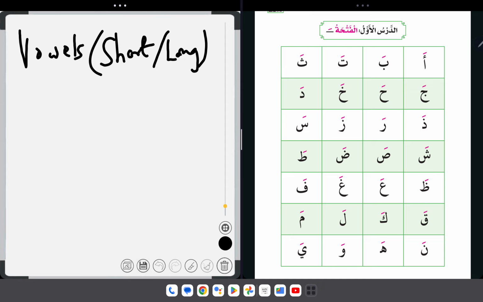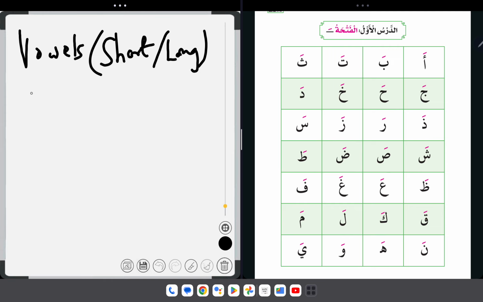So these vowels in Arabic language, when we were learning the Arabic alphabet, we said what we want to know was the name of each alphabet, not the sound. Name of each alphabet.